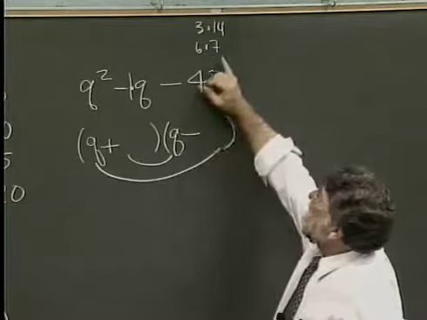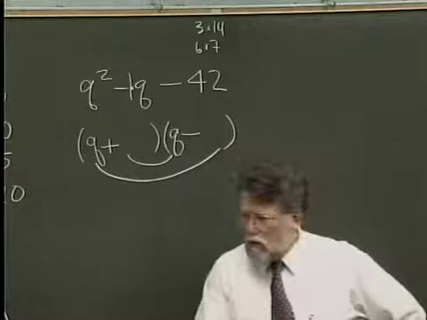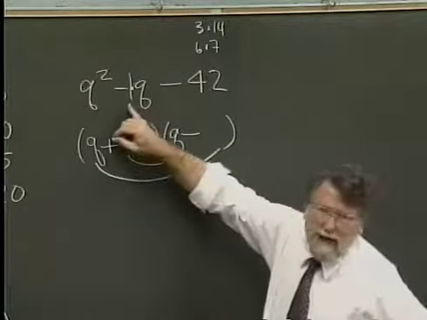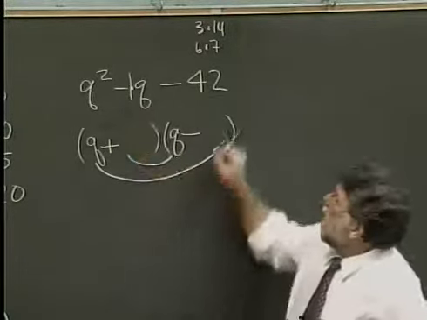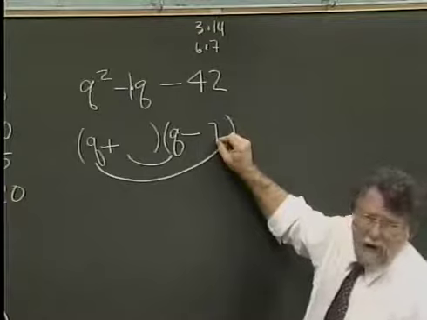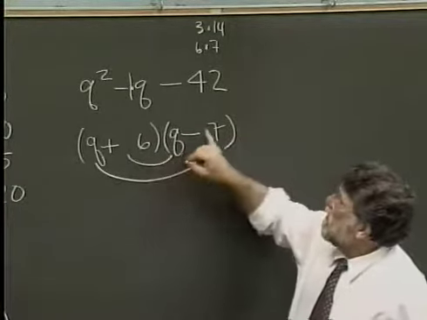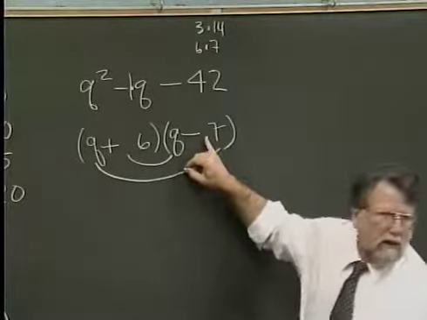Now, once I get that, if I'm fortunate enough to see the 6 and 7, difference is 1. The only question that remains is, do I want a positive or a negative in that middle term? Since I want the negative, I know that the 7's going to go here, and the 6 here, because whatever is with the negative is going to become a negative 7q.